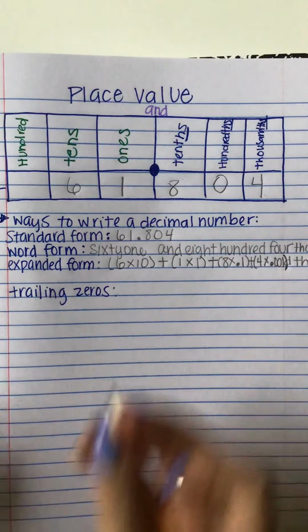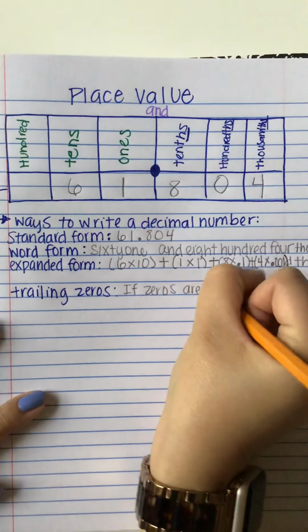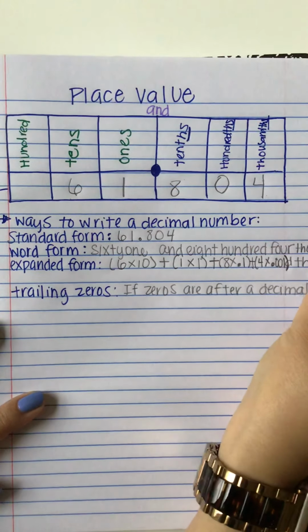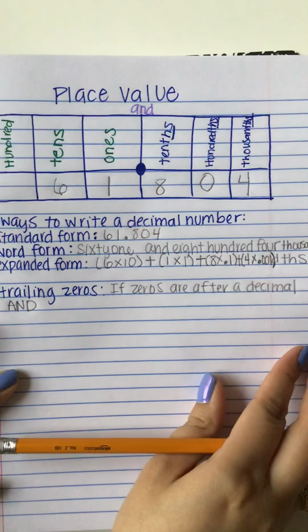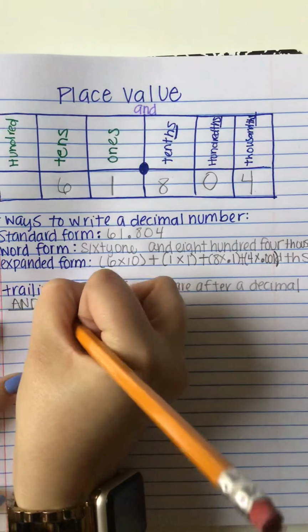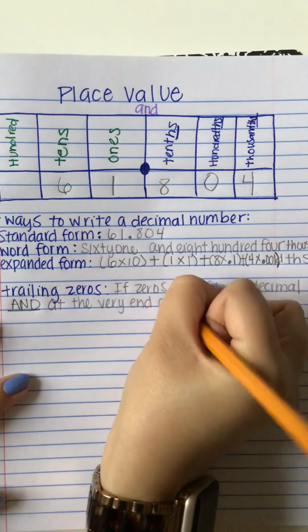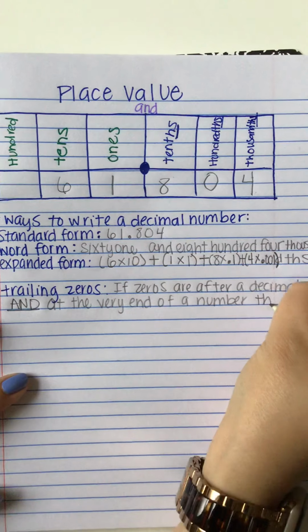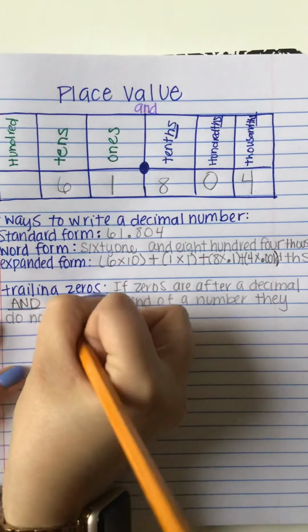So if zeros are after a decimal and I'm going to underline the and at the very end of a number, they do not count.